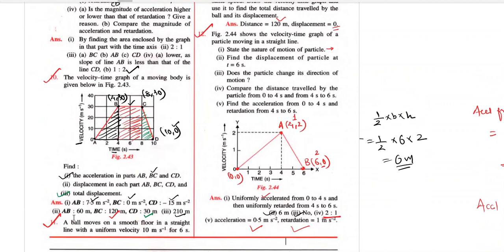After this much doubt solving, you should be able to attempt any remaining doubts yourself, because I have solved more than 60 or 70% of the exercise for you. So now there should not be any doubts remaining.